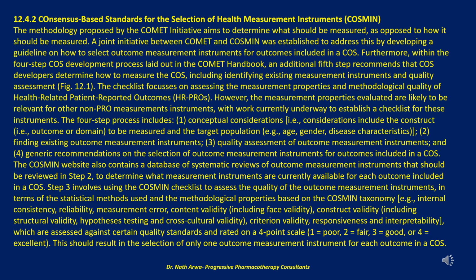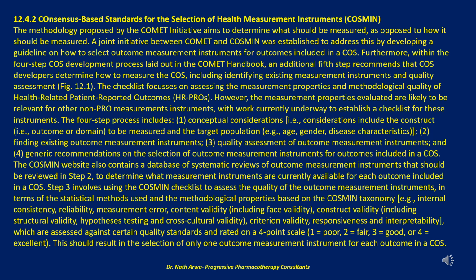Furthermore, within the 4-step core outcomes set development process laid out in the COMET Handbook, an additional 5th step recommends that COS developers determine how to measure the core outcome set, including identifying existing measurement instruments and quality assessment, as shown in figure 12.1.